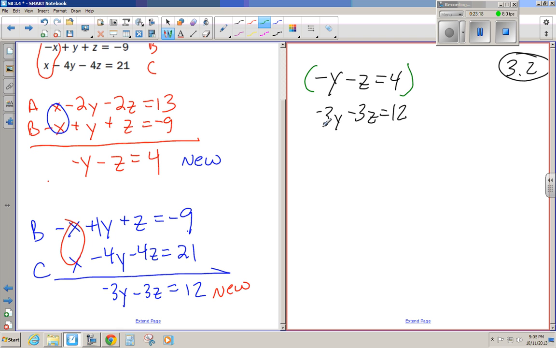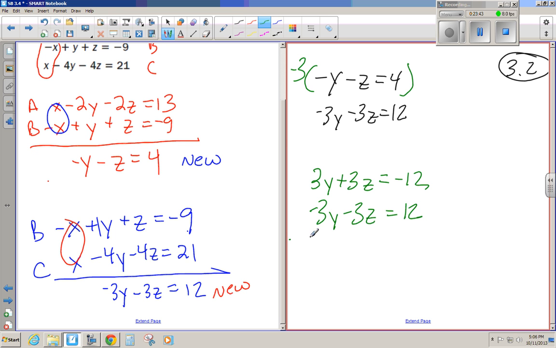So this is negative 3. We want this to be positive 3. So you should multiply by negative 3. My new equations now, 3y plus 3z equals negative 12, and negative 3y minus 3z equals 12.